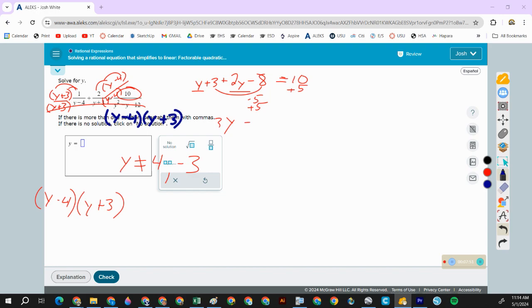Plus 5. So I get 3y equals 15. Divide by 3, y equals 5. Is that on the prohibited list? No. What if it was? No solution. So in this case, the answer is just y equals 5.